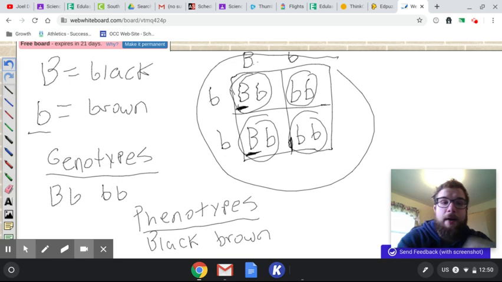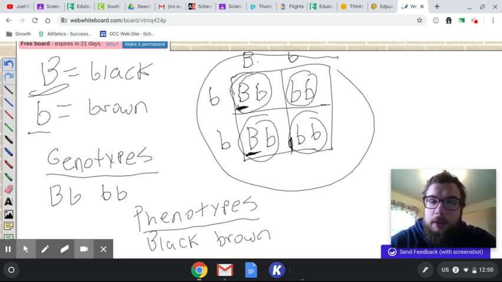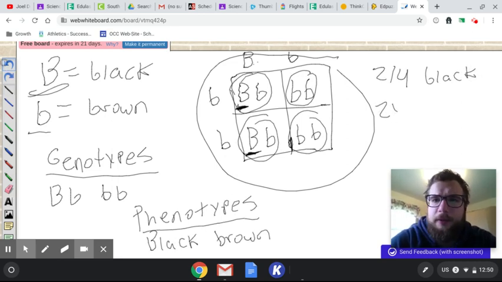They do not have the dominant trait, the big B, so they're going to be whatever the recessive trait is, which is brown. So I've got 2 out of 4 that are going to be black. And then I've got the other 2 out of 4 that are going to be brown.